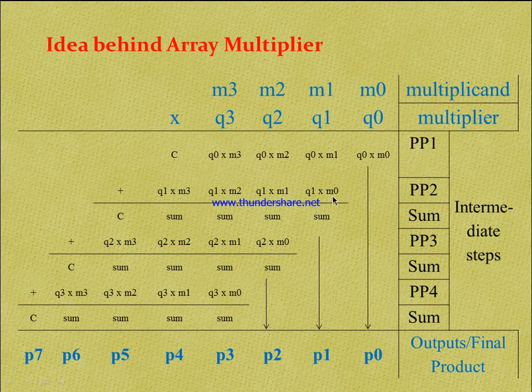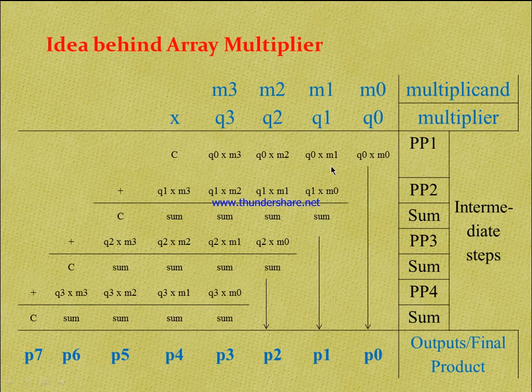So array multiplication, what it does, it first calculates at least two partial products and then goes for addition. In the general pen and paper method, we first calculate all the partial products and then add. But in array multiplier, the idea is that we first find two partial products and then sum them.